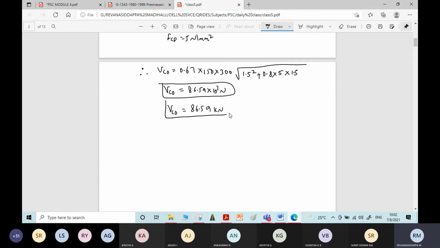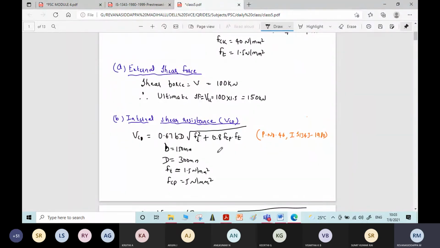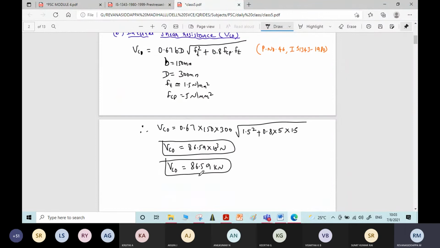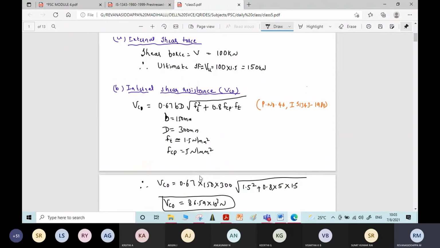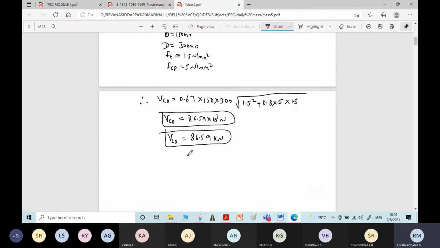Okay, now this is the internal shear resistance. The beam is capable of carrying a shear force of 86.59, but the actual ultimate shear force acting on the beam is 150 kilonewton. When you compare both, the shear resistance is less than the shear force acting on the beam. Then the beam requires shear design.